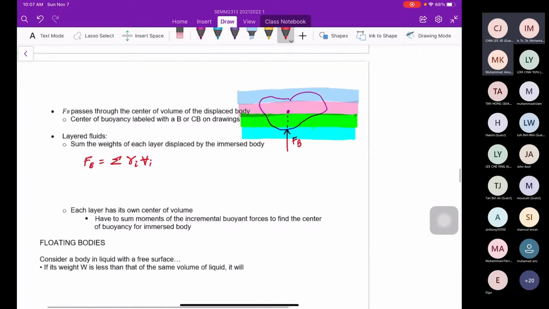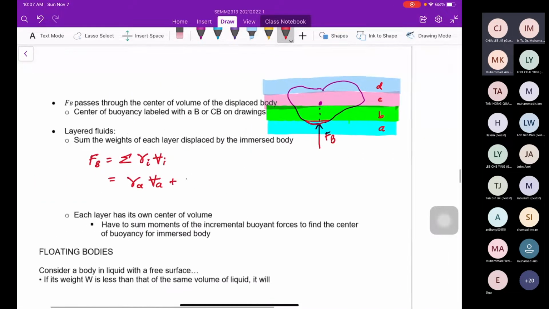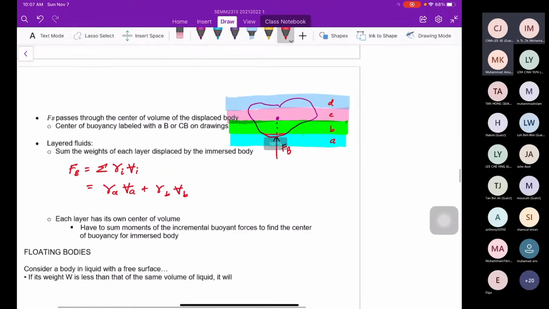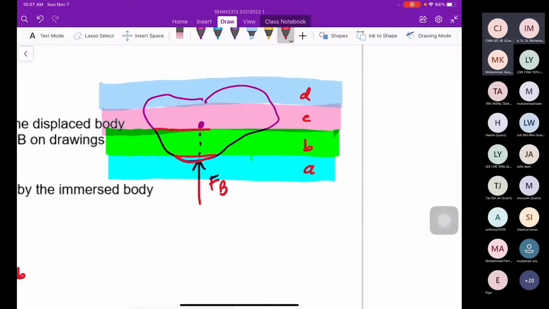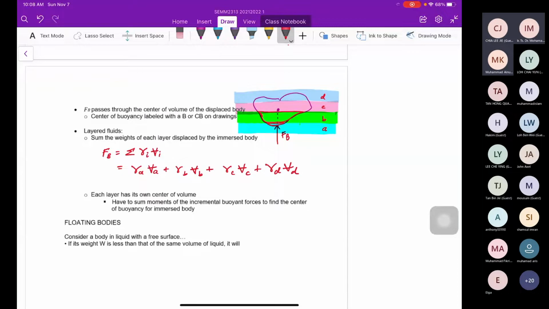For example, this is liquid A, liquid B, liquid C, and liquid D, with different properties. So it is gamma of A times displaced volume of A, that means only this portion, plus gamma of B times displaced volume of B, which is this portion, and so on: gamma C displaced volume of C plus gamma D displaced volume of D. This is how to calculate the buoyancy force.